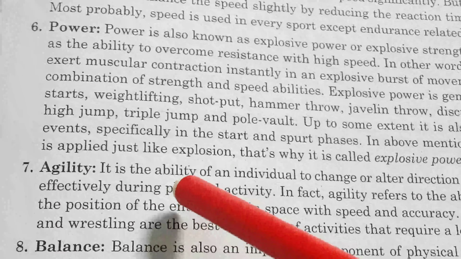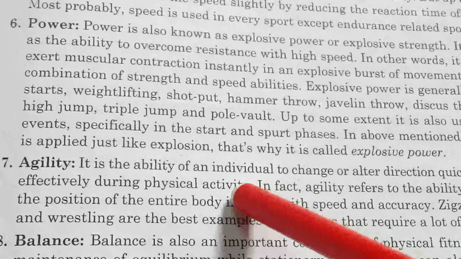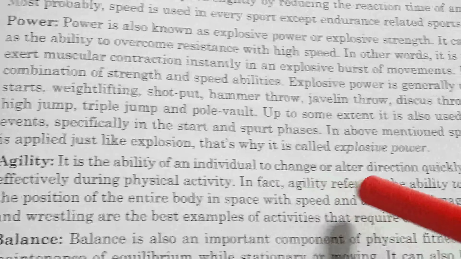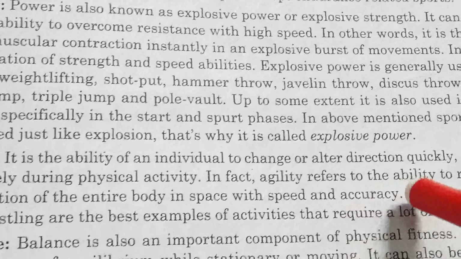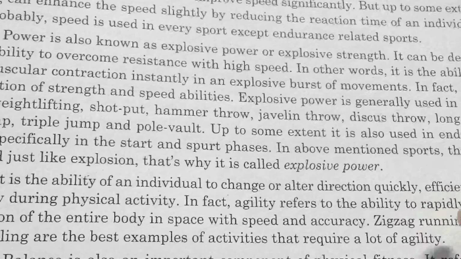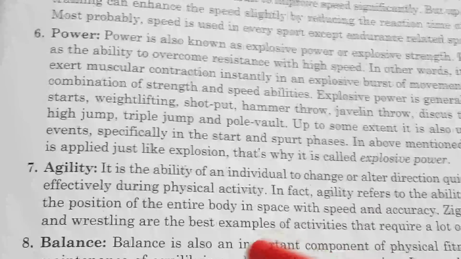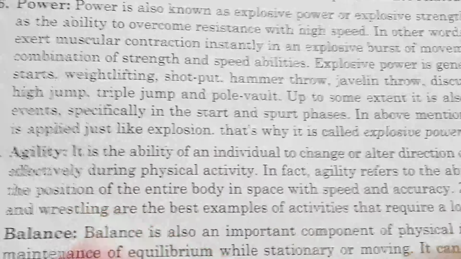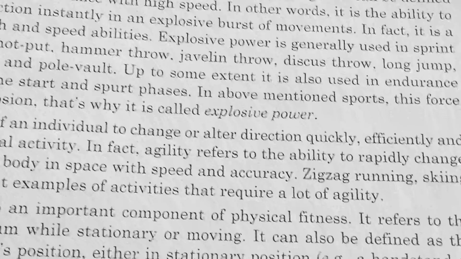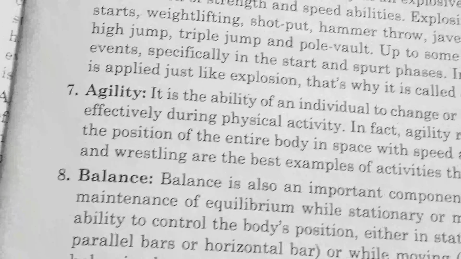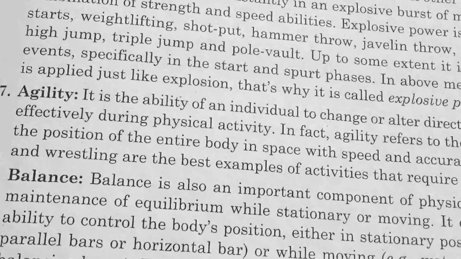It is the ability by which we can easily change our direction instantly, very perfectly, smoothly during any kind of physical activities. That is known as agility. In fact, agility refers to the ability to rapidly change the position of the entire body in space with speed and accuracy.